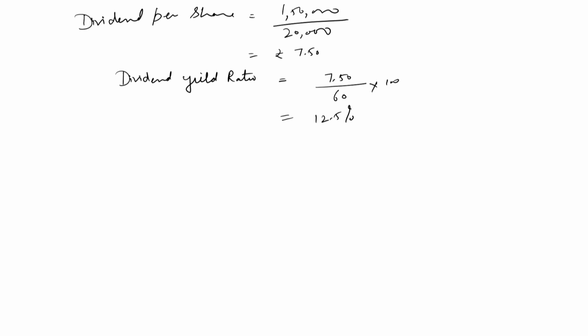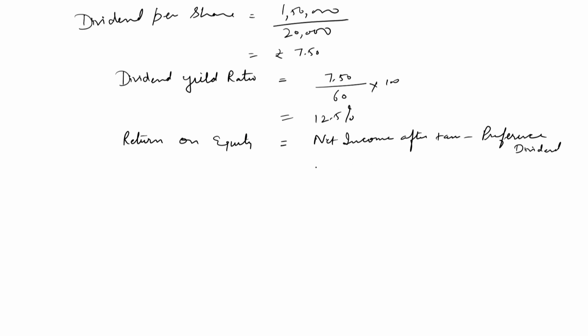And next in the same, we have to compute the return on equity, which would be equal to the net income available after taxes minus preference dividend, and nothing is given in the question regarding the preference shares.